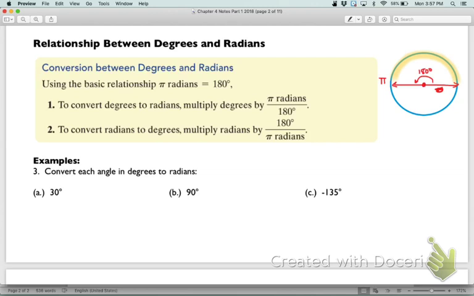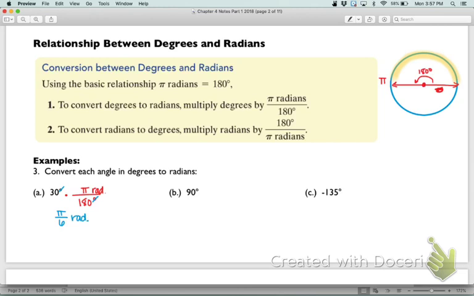Right now I have degrees, so when I multiply, I need degrees on the bottom so that they cancel, which means I need pi radians on top. So the degrees cancel out. 30 over 180 is 1/6. So we end up with 1/6 pi, or pi over 6 radians.